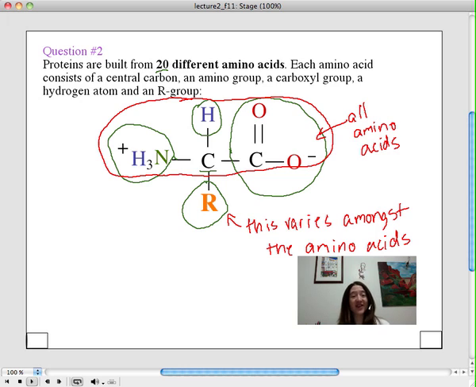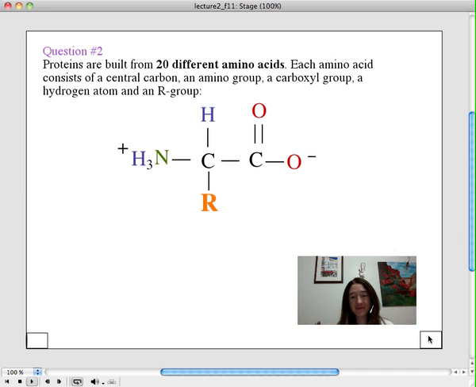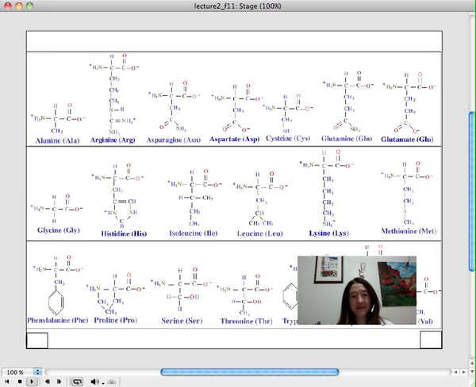Let's go ahead and take a look at that table of amino acids and check out all of the 20 different amino acids. So looking at this table, we can see that they all have different R groups. So let's make sure that we point that out so that everybody's on the same page.